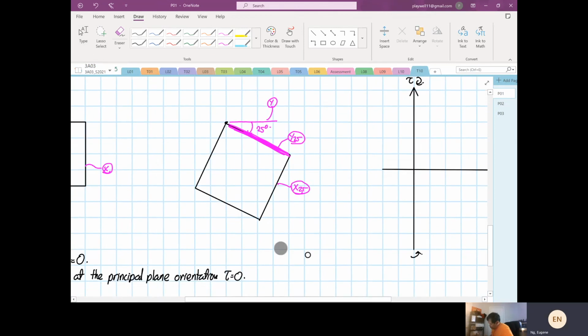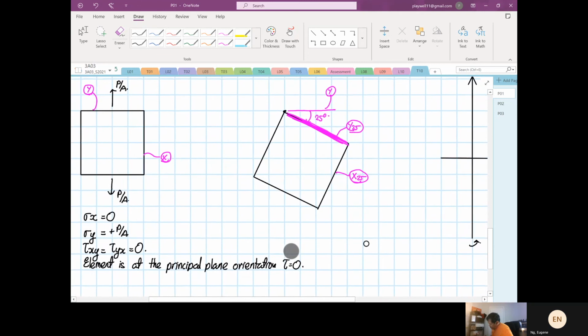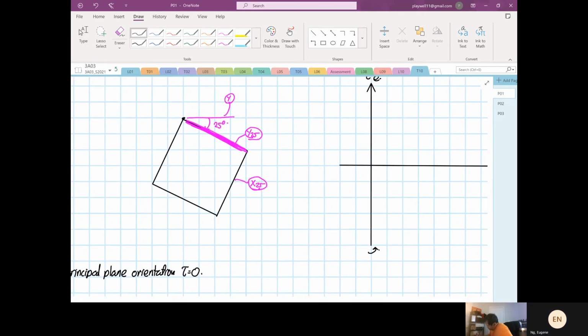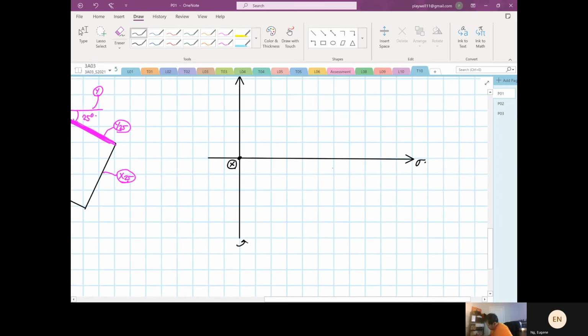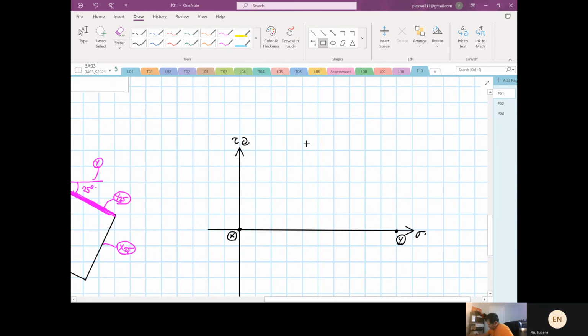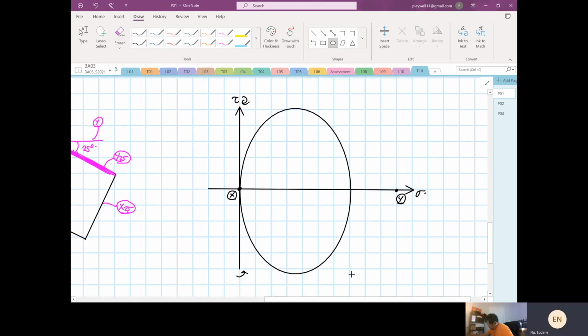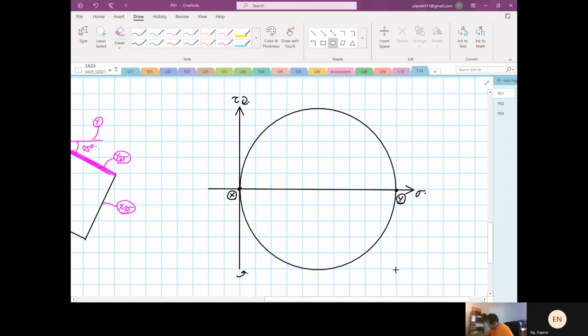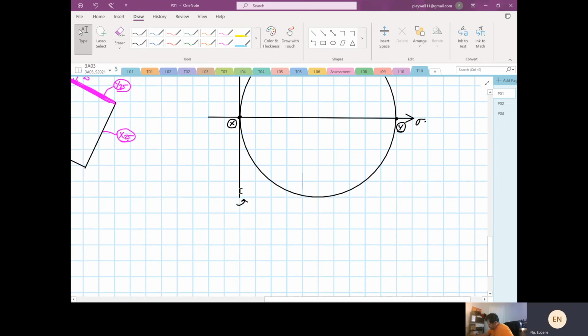So we know that point X is over here, and this is our point Y. So we draw our circle. This is our circle, right?